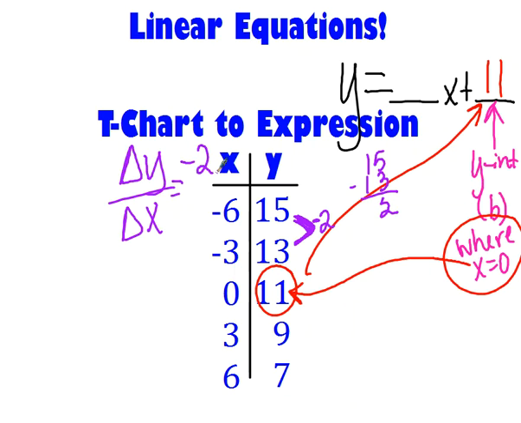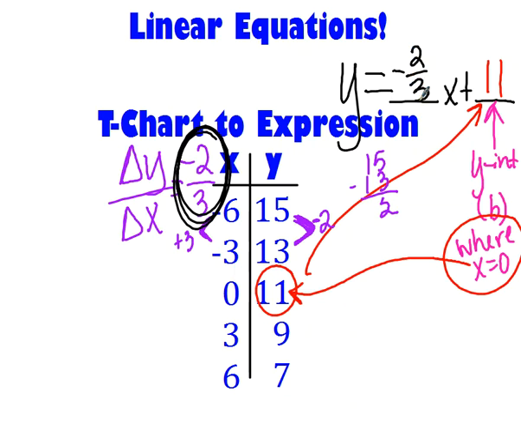And then the change in your x values, from negative 6 to negative 3, they increased by 3. So your slope, we could leave it just like that. It's simplified and everything. So negative 2/3 x plus 11.